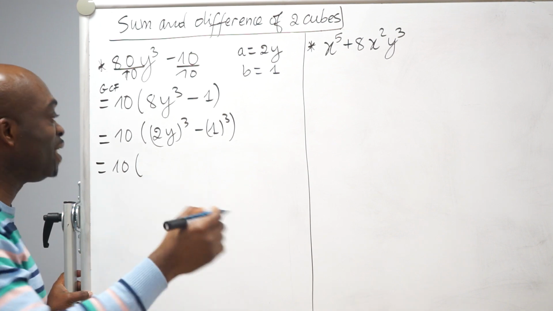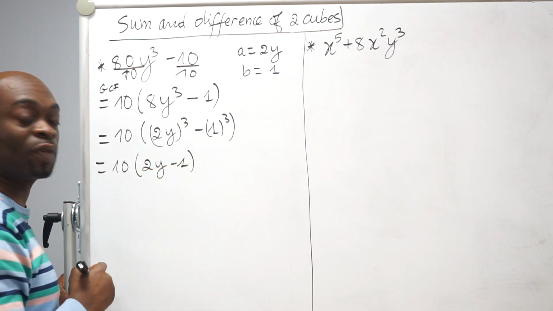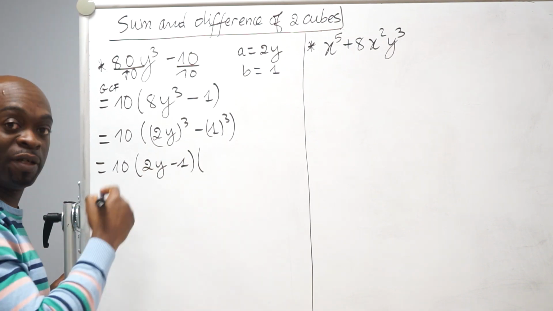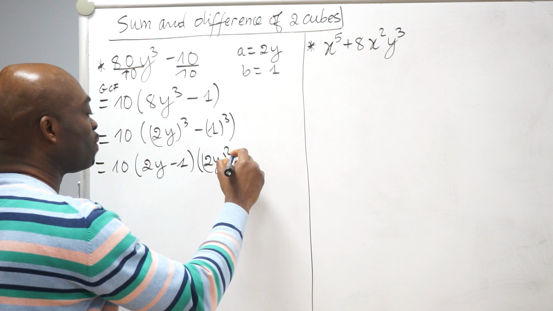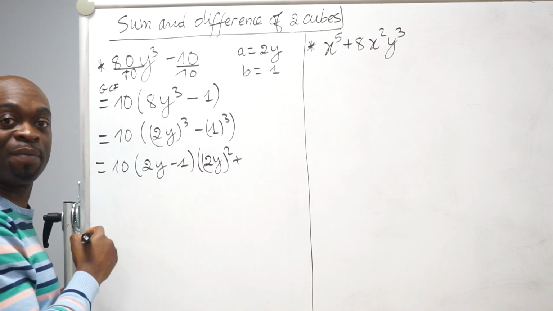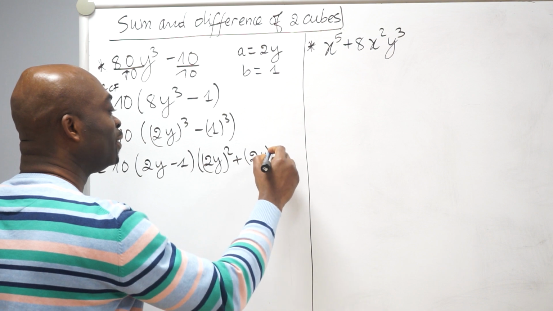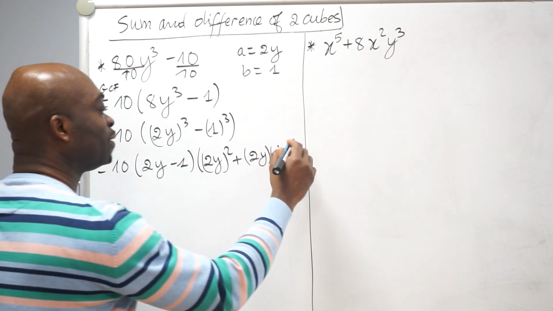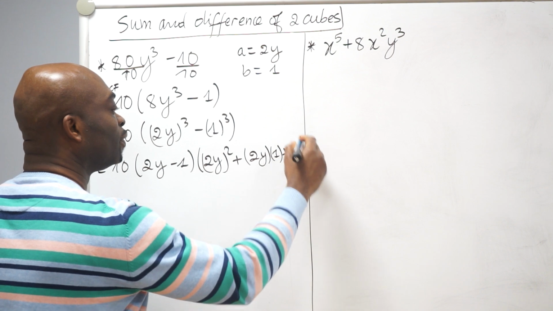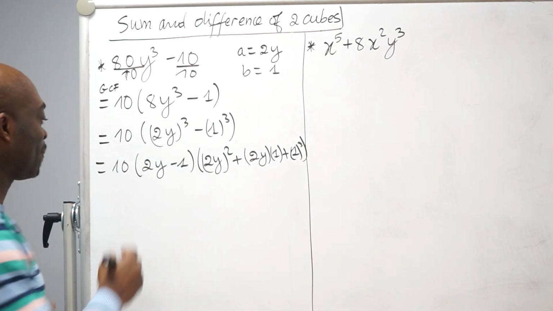It's A minus B, so that is 2y minus 1, times A squared, so (2y) squared, plus A times B, so 2y times 1, and then plus B squared, 1 squared. This is what we have so far.